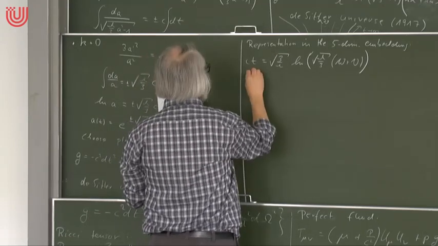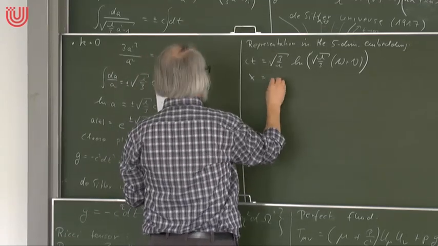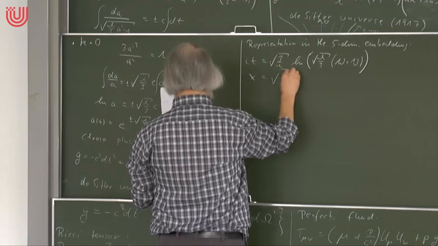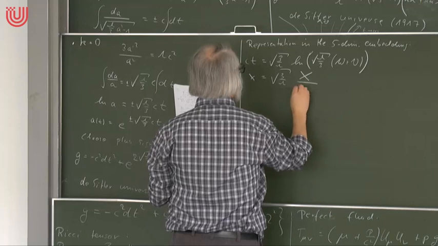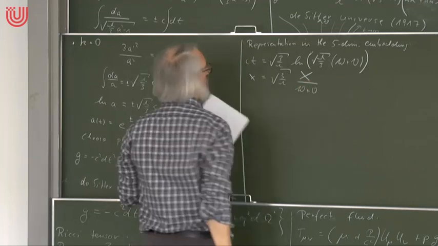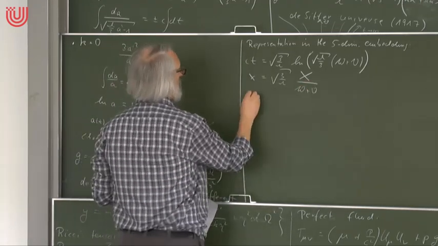The little x is root 3 over lambda, the big X over w plus v, and analogously for y and z.